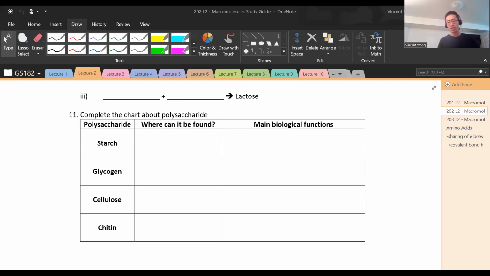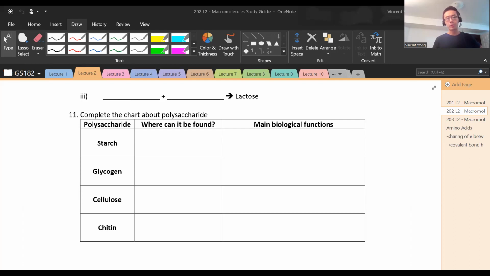Monosaccharide means single sugar, right? And you can combine it with another glucose, and that's going to give you maltose. This is the disaccharide, double sugar. You can also take glucose and combine it with fructose, and that is going to give you the sucrose, which is your kitchen sugar.